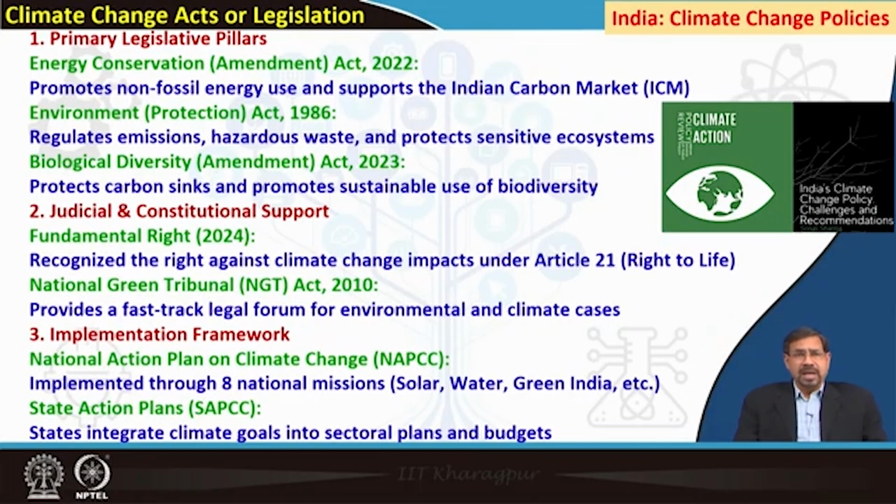We have fundamental rights, recognizing the rights against climate change impacts under Article 21, that is the right to life. We also have the NGT, National Green Tribunal, 2010, which provides a fast track legal forum for environmental and climate cases. The third one is the implementation framework, the National Action Plan on Climate Change, as we just discussed.